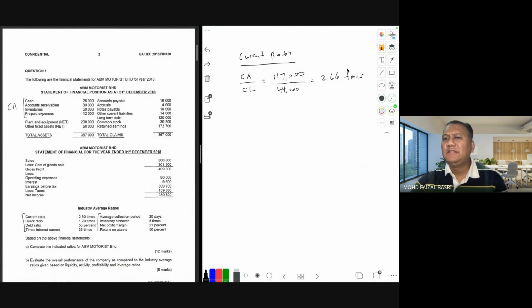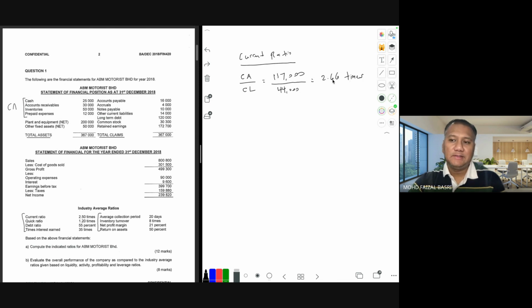So how to know whether this is good or bad? Okay, so that's why untuk yang B ni pun disuruh evaluate kan, based on termasuklah liquidity. So liquidity, we know we have current ratio. So current ratio of the industry average is 2.5. And for this company, ABM Mortuaries, the ratio untuk current is 2.66.